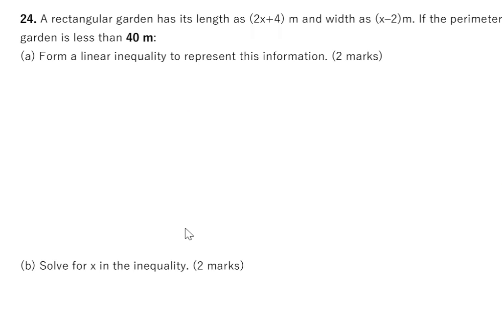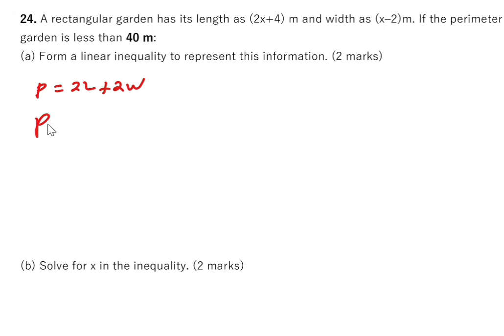Number 25. A rectangular garden has its length as 2x plus 4 meters and its width as x minus 2 meters. If the perimeter of the garden is less than 40 meters, part A, form a linear inequality to represent this information, 2 marks. So you know that the perimeter of a rectangle is given by twice the length plus twice the width.